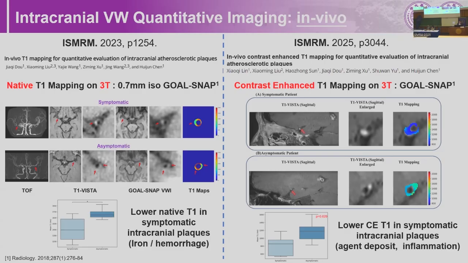We found lower T1 values in symptomatic intracranial plaques in both. For native T1, that could be caused by iron deposition or hemorrhage. But in contrast enhanced T1, this could mean the symptomatic plaque may have contrast agent deposition or inflammation inside it.